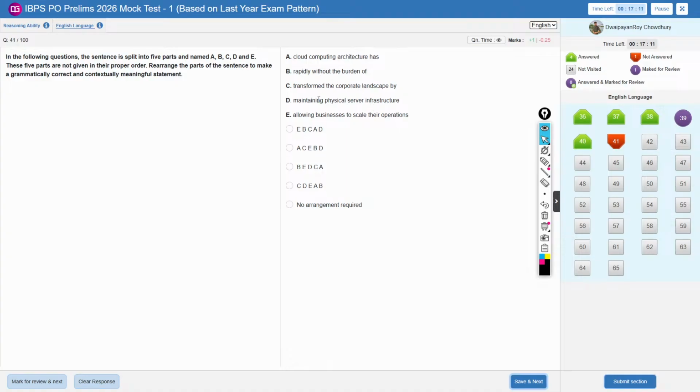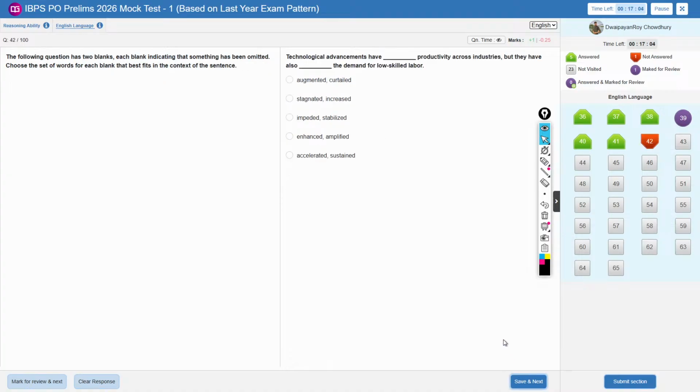So BD to finish with this one. AC by allowing businesses to scale operation. Technological advancements have augmented productivity across industries, but they have also curtailed the demand. Yeah, seems to be all right.